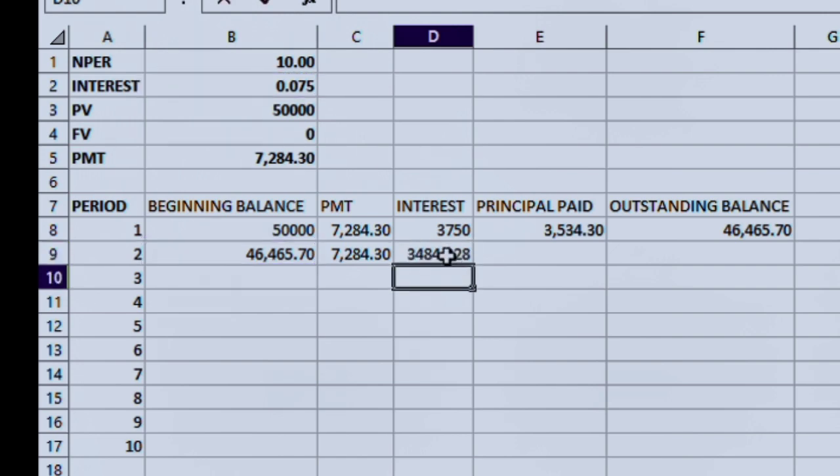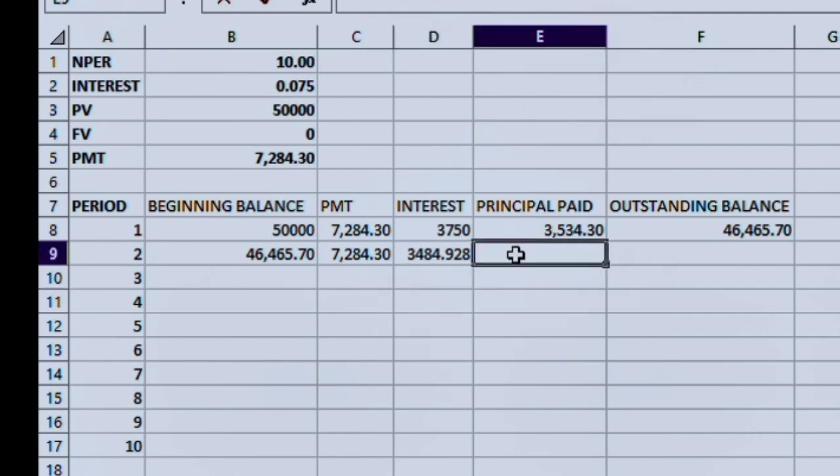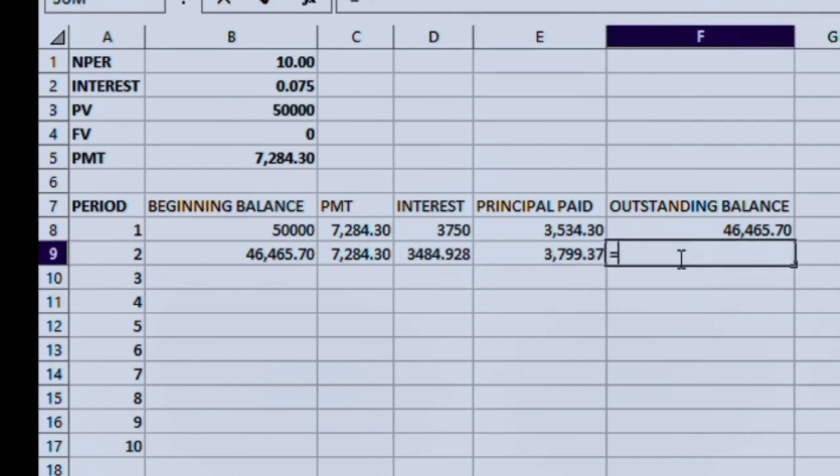Then enter. Our principal paid, put equal sign, PMT minus interest, then enter. Our outstanding balance, put equal sign, beginning balance minus principal paid, then enter.